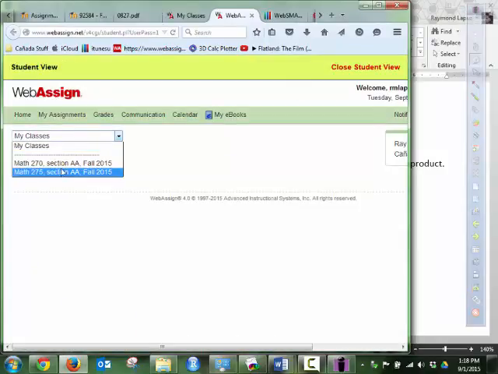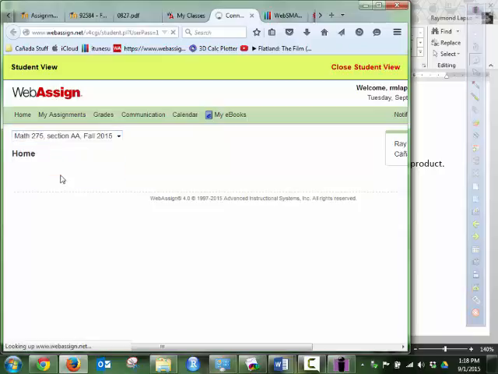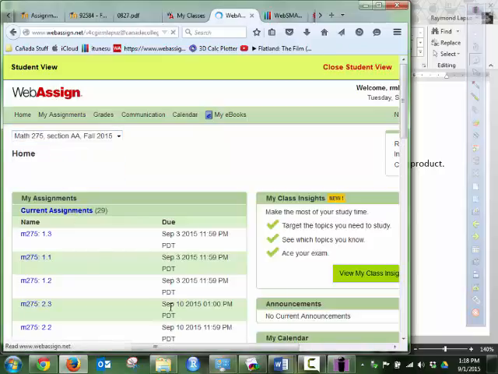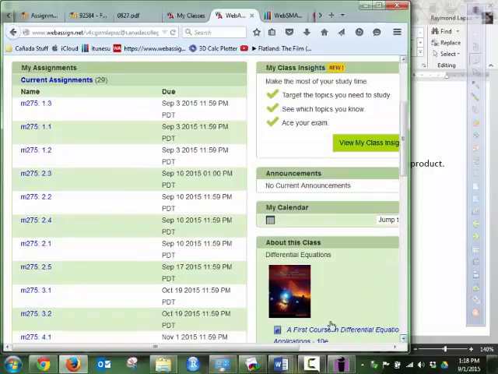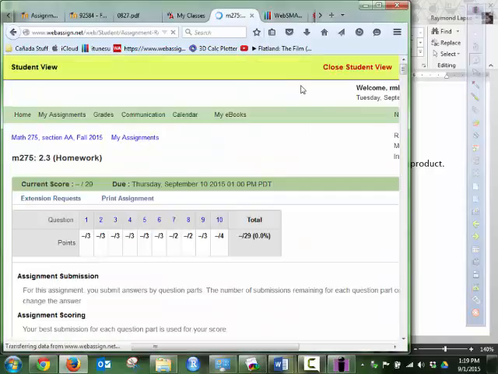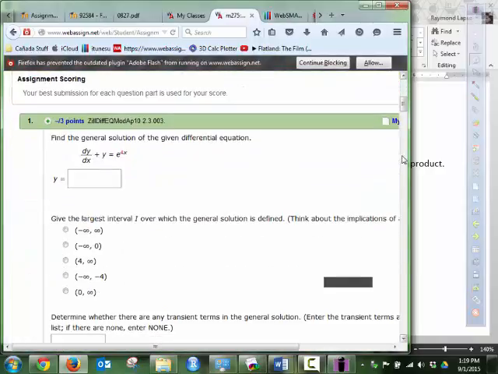This is section 2.3. Is it 2.3? All right. Randomly pick a problem here.